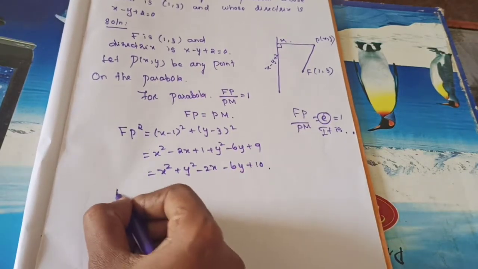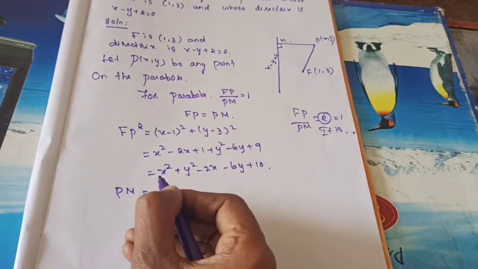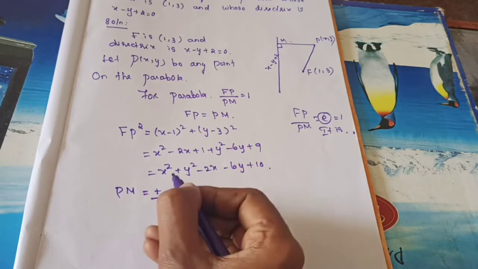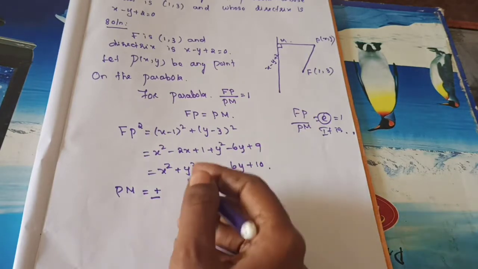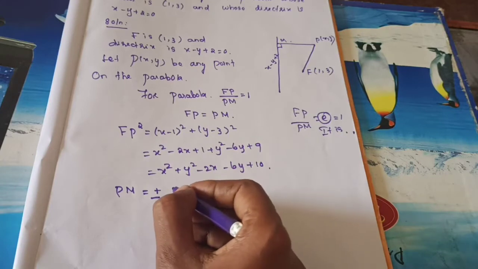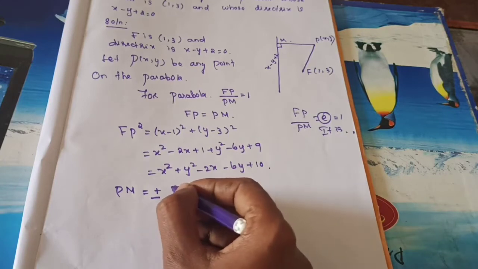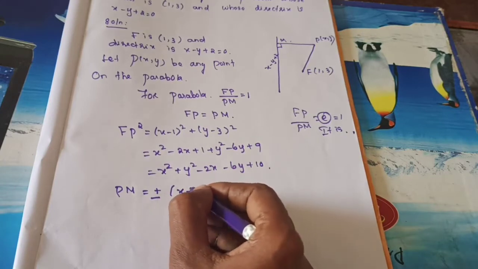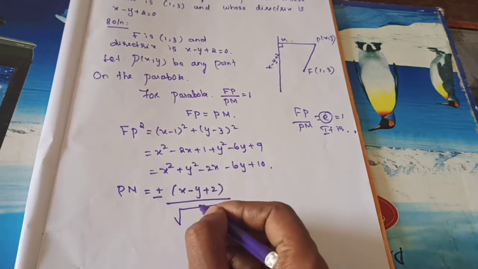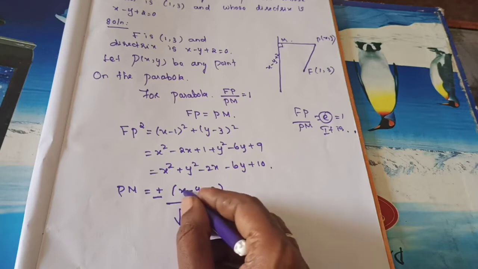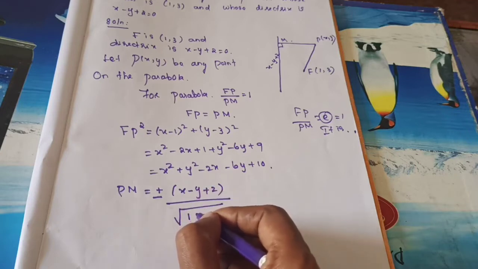Now shall we find PM? PM is given by a formula you have learned already, but you need not learn it as a formula. It is plus or minus the equation of the directrix divided by the square root of the coefficients of x and y. What is the equation of the directrix? x minus y plus 2. What are the coefficients of x and y? 1 and 1, so 1 plus 1.